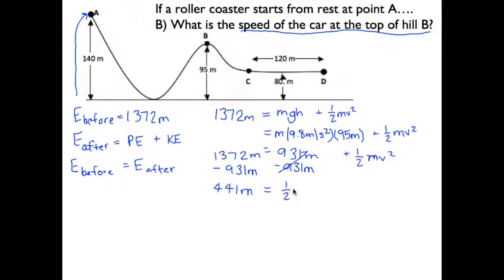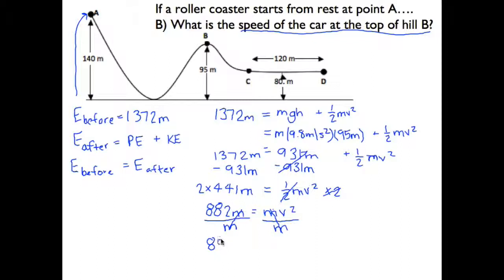equals 1/2 mv squared. I'm going to multiply both sides by 2 to get rid of that 1/2, which will give me 882 m equals mv squared. I can get rid of my m because it's on both sides, so I'll divide both sides by m.